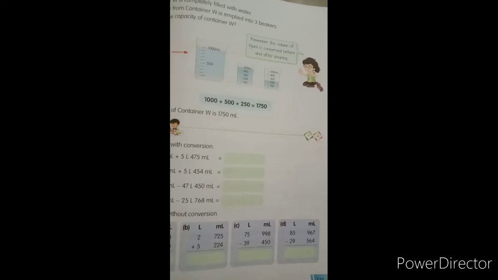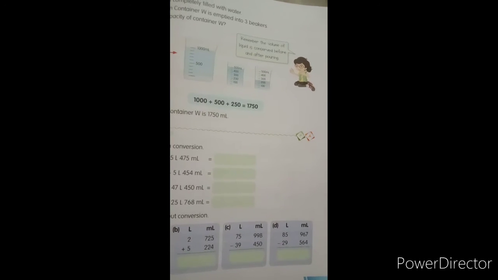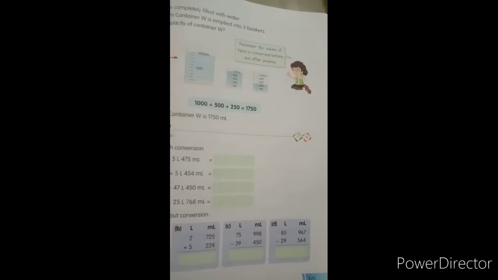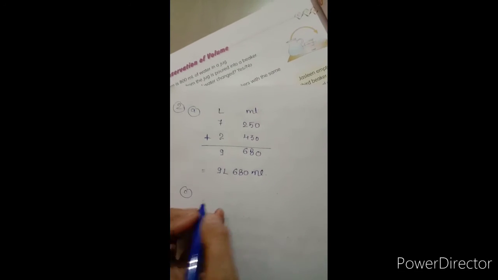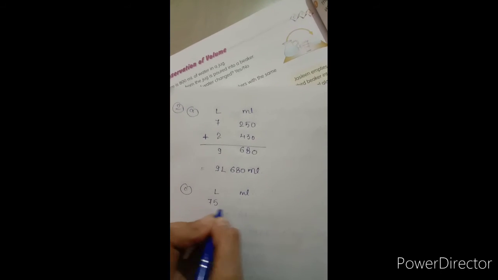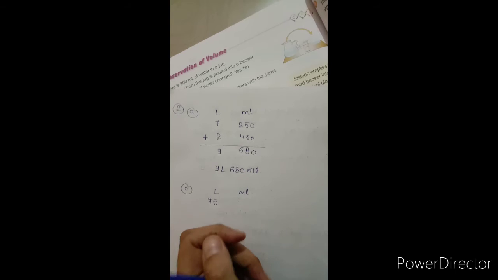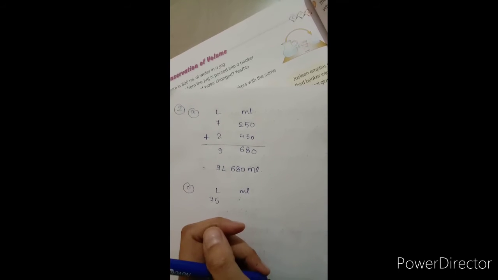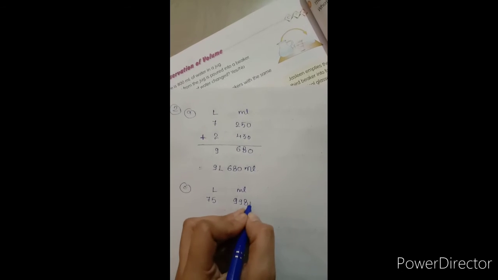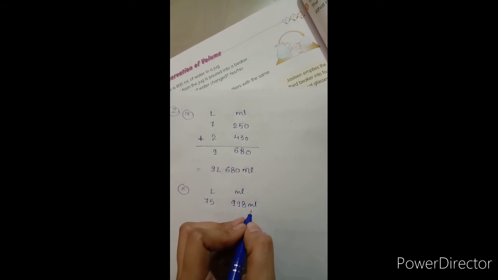After this, the second question is also of addition. Then the next one, part C, is of subtraction. So let's see part C. In this question, we have to subtract 39 liter 450 milliliters from 75 liters 998 milliliters.